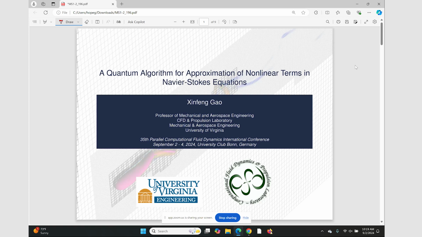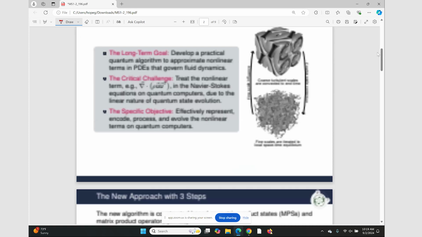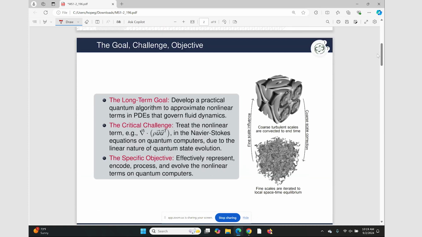I will focus on the concepts, and then we will go through some specific steps. The long-term goal: we are interested in developing utilizable algorithms for quantum computing of fluid dynamics problems at a high Reynolds number.